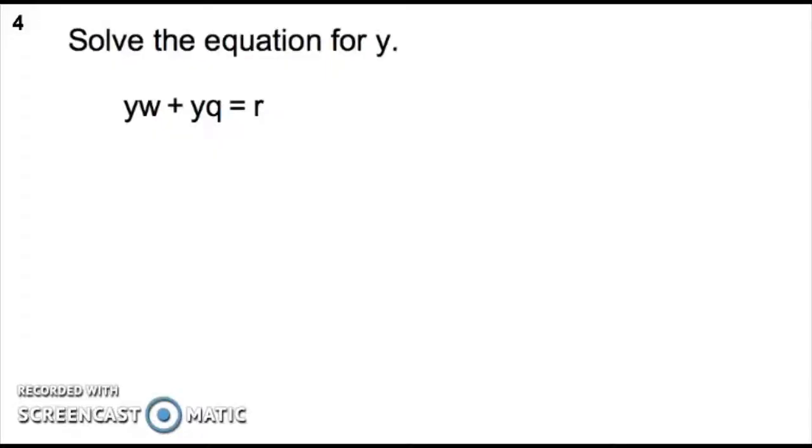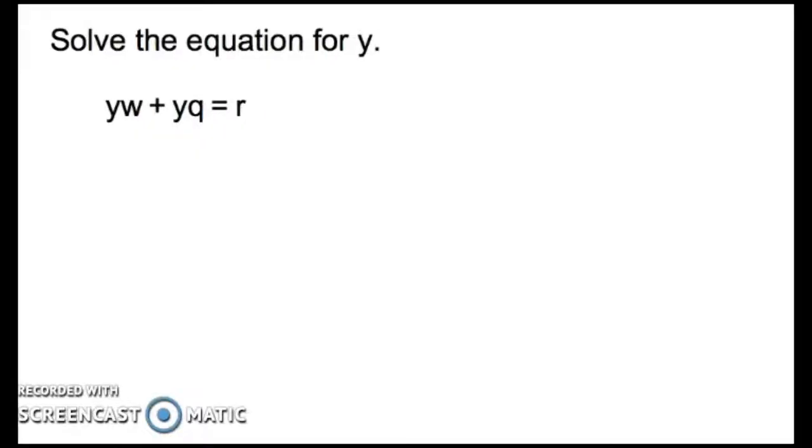Number 4. Solve the equation for y. We have yw plus yq equals r. And like I said, we're solving for y, so let's highlight the y's. Now notice that y is being multiplied by w and being multiplied by q. So the first step would be to undo that multiplying, which is called factoring.